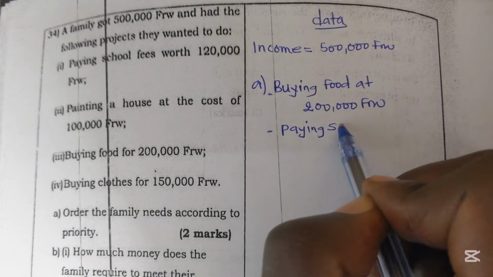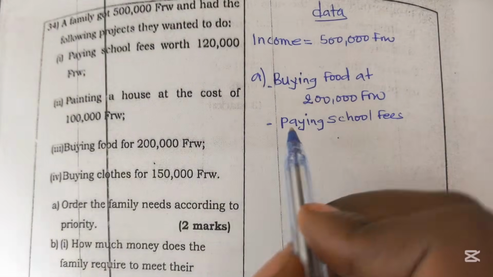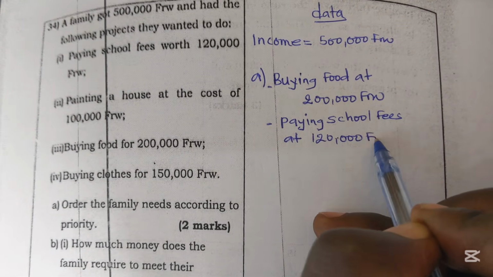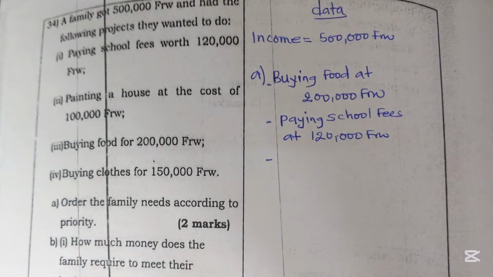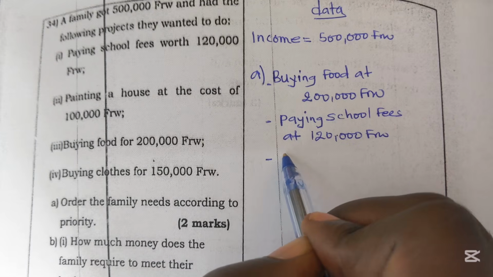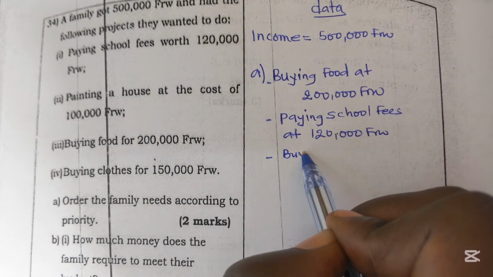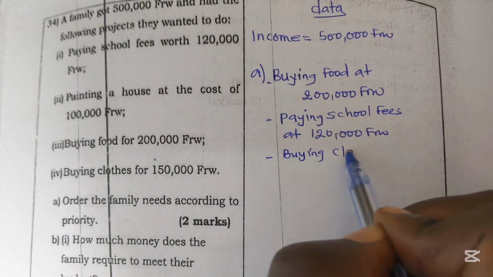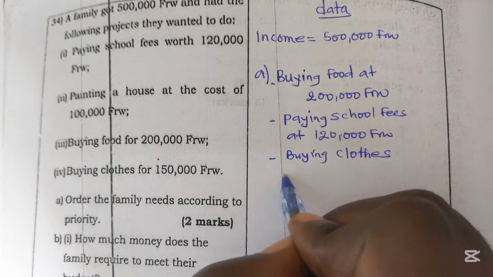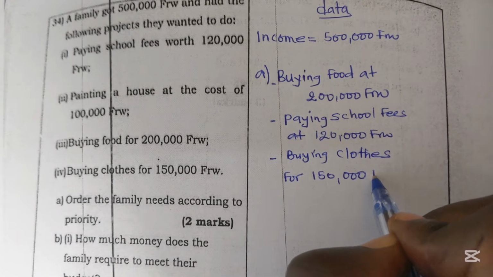Paying school fees, okay, 120 Rwandan francs. The third one can be buying clothes, because clothes are one of 4 basic needs. Buying clothes at 150 Rwandan francs.